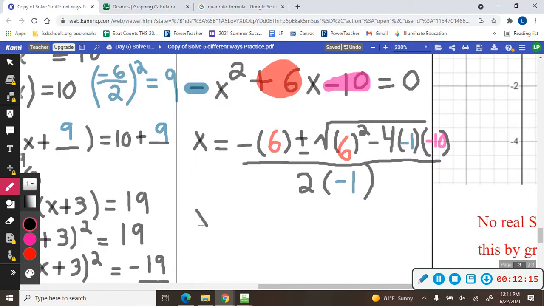So I get x equals -6 plus or minus the square root of 36 minus 40, which is -4. And then 2 times -1 would be -2.